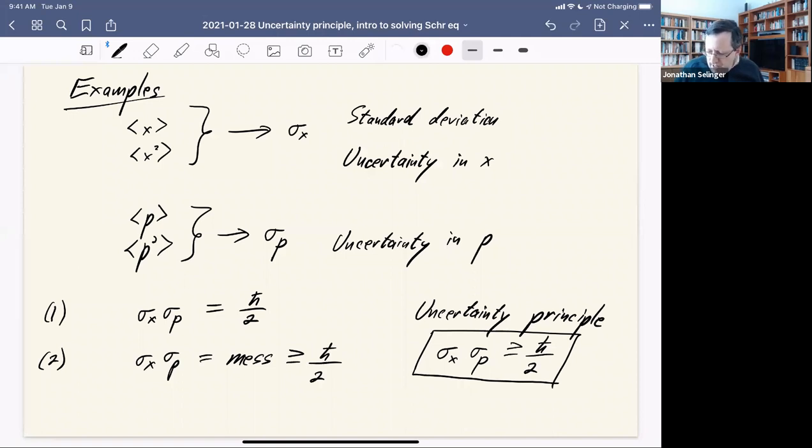Later on in the course, much later in the semester, I'll give a general proof of that and apply it to other kinds of variables besides position and momentum. But for now, let me just say a couple of ways to interpret this uncertainty principle, regardless of the mathematical proof.